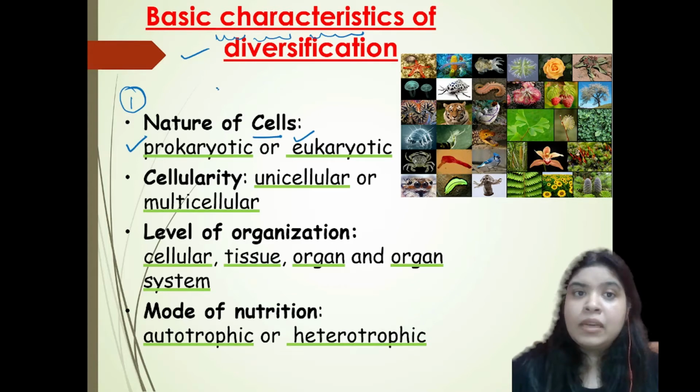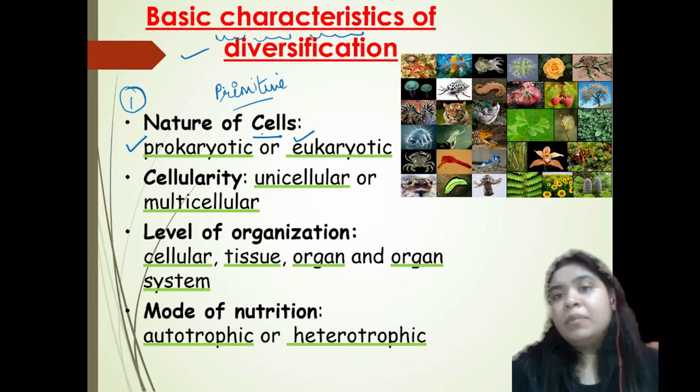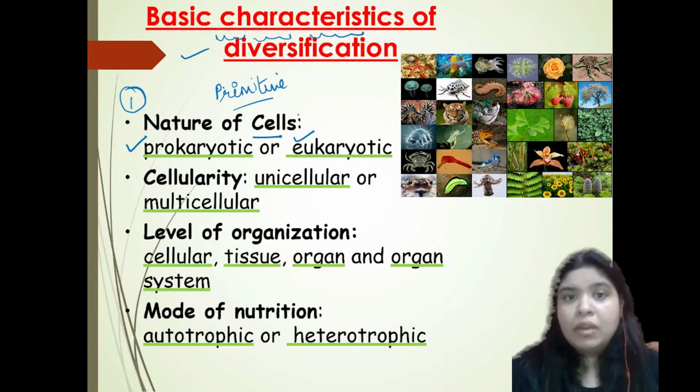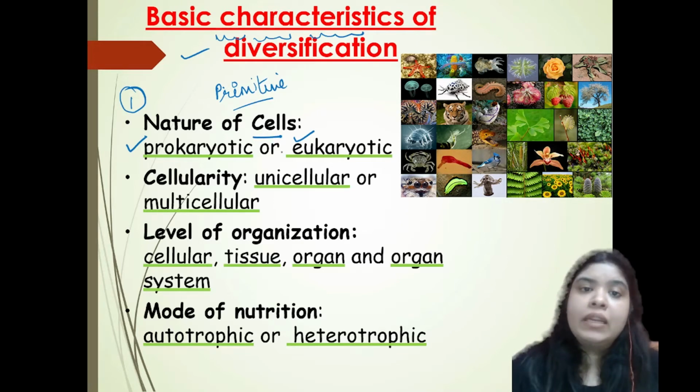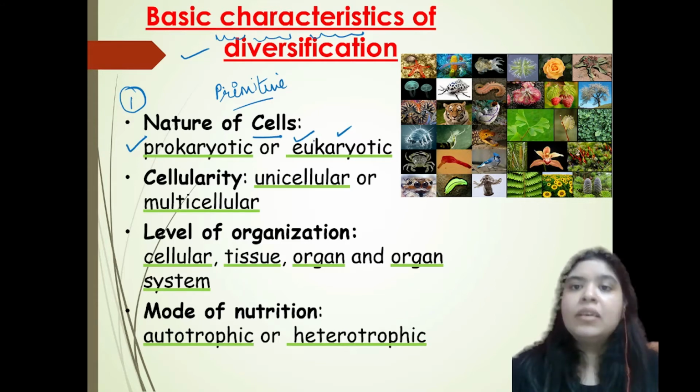Prokaryotic organisms are primitive, having just a primitive nucleus. The nucleus is not bound by a well-defined nuclear membrane, and even the cell organelles do not have a well-defined membrane. But eukaryotic organisms are much more advanced. They have the nuclear content in a well-defined nucleus.